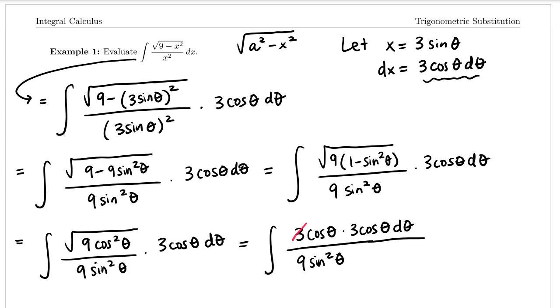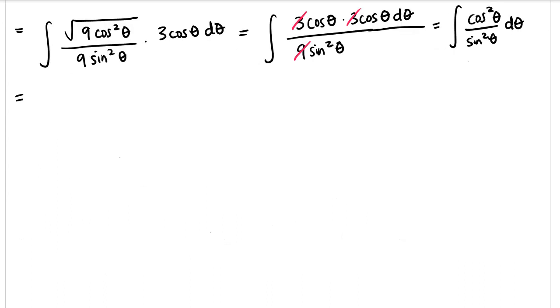Notice that in the numerator I have 3 times 3, and that will cancel with the 9 in the denominator, and this simplifies to cosine squared theta over sine squared theta d theta. And we know from trigonometry that that is equivalent to cotangent squared theta d theta.